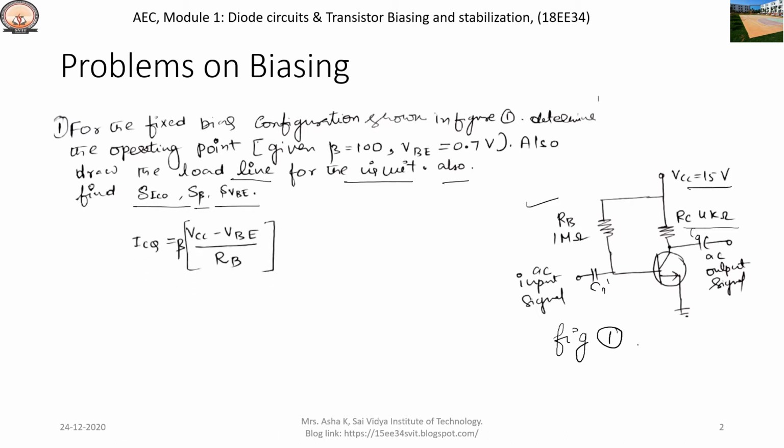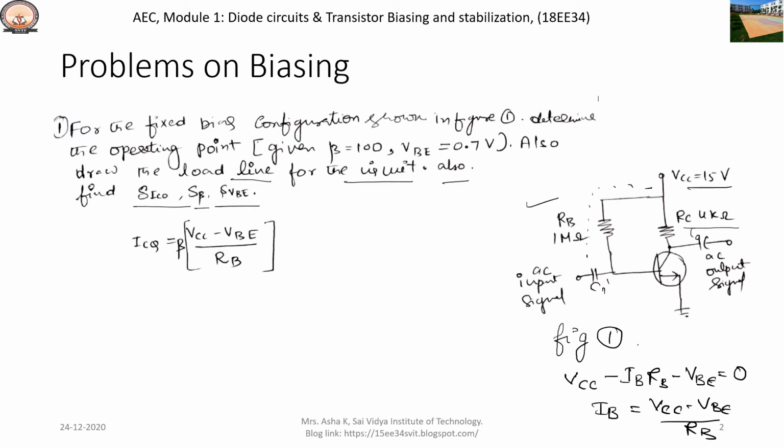Now, to find the input current, we'll apply the KVL to the input side of the circuit. That is VCC minus IB into RB minus VBE is equal to 0. Then we'll get the equation for IB, that is nothing but VCC minus VBE divided by RB.